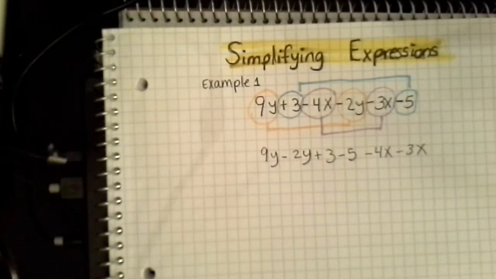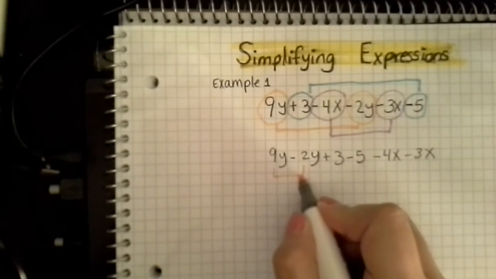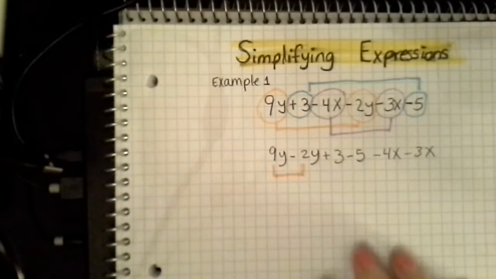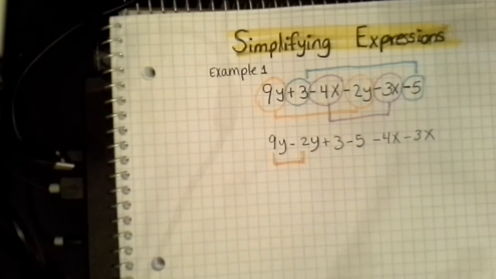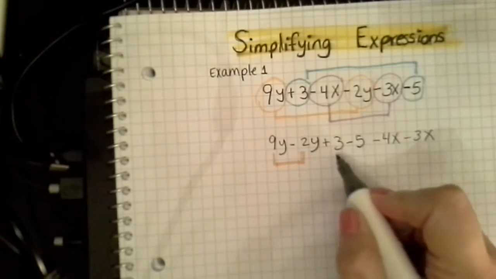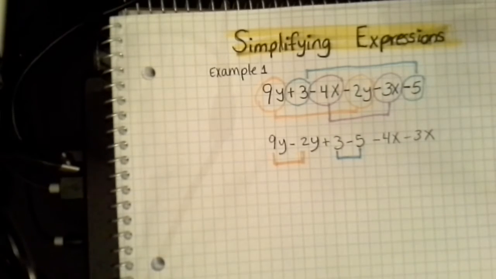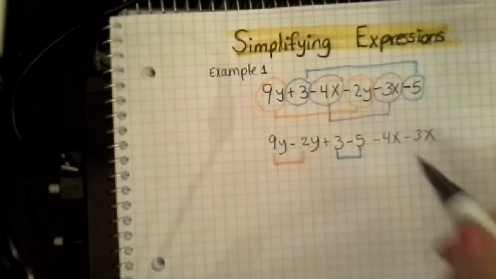Keeping this in mind, remember we want to combine these. Combining these means that I want to add or subtract these two terms because those are like terms. I want to add or subtract these two, and I want to add or subtract these two.